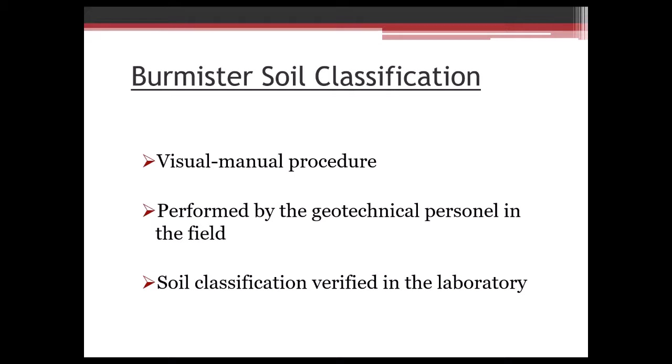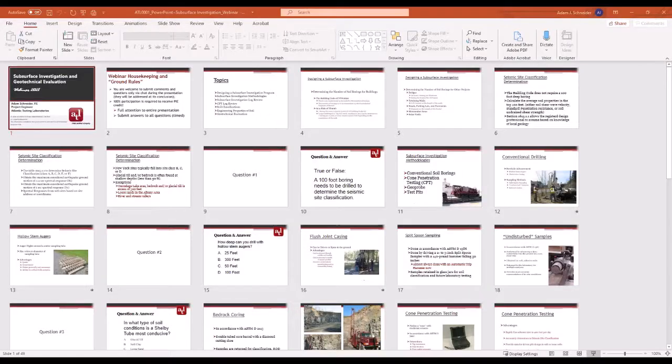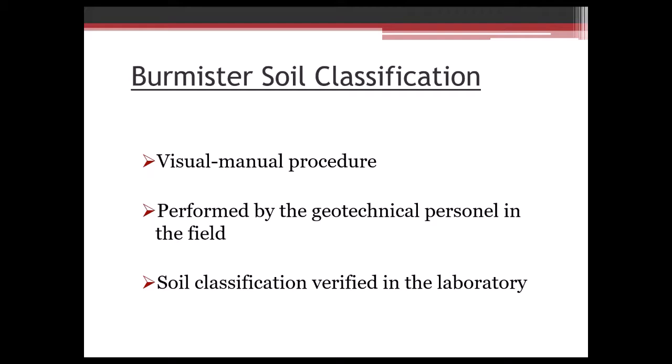Burmeister is a visual manual procedure. It's performed by geotechnical personnel in the field. It's also performed in the laboratory by geotechnical technicians or engineering technicians to verify the classifications they get in the field.